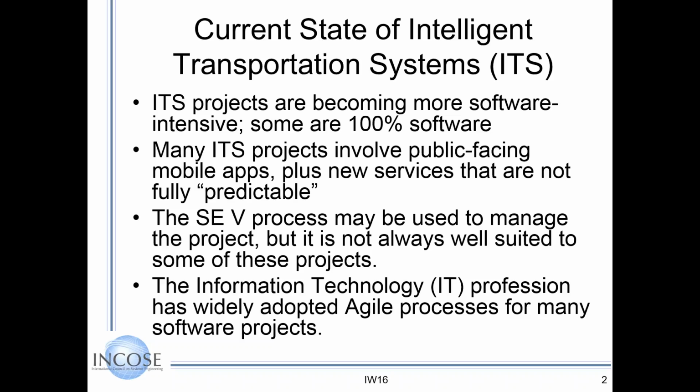Systems engineering, the process may be used, but it's not suited to some of these projects. In this presentation, I'll talk in more detail about Agile, which is widely adopted for many software projects.